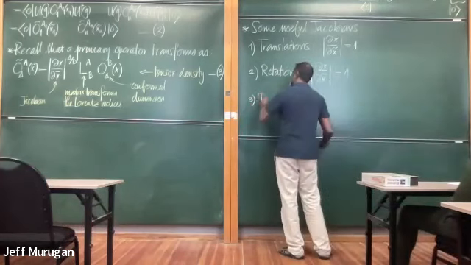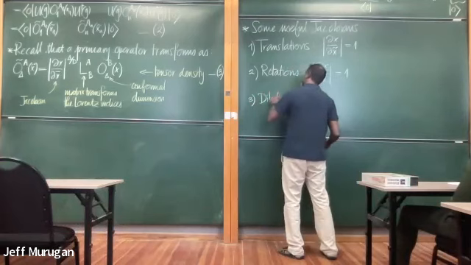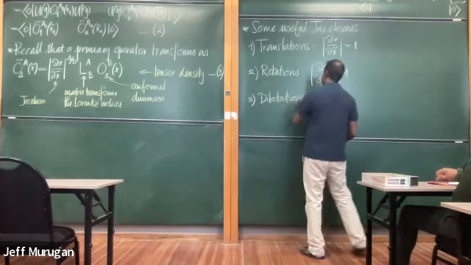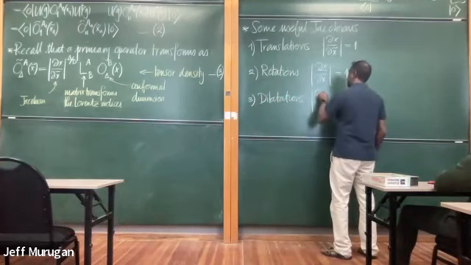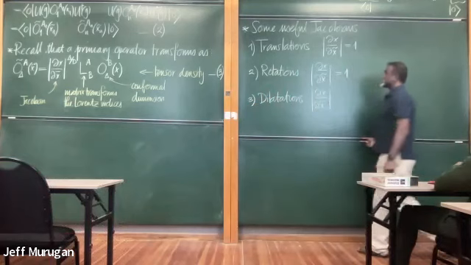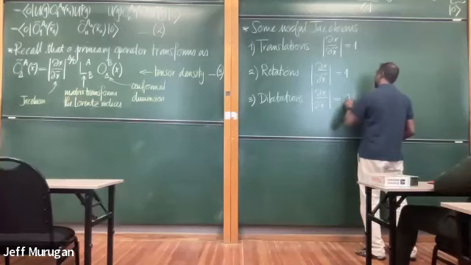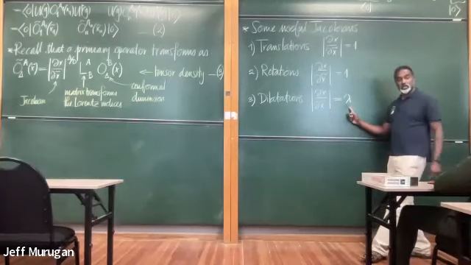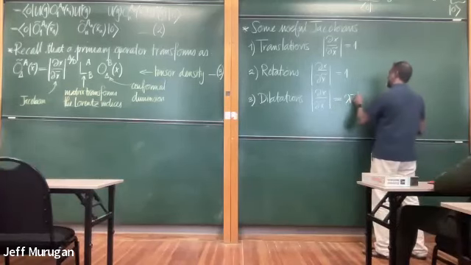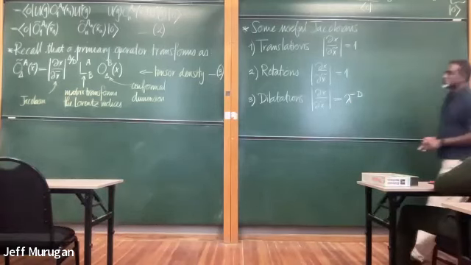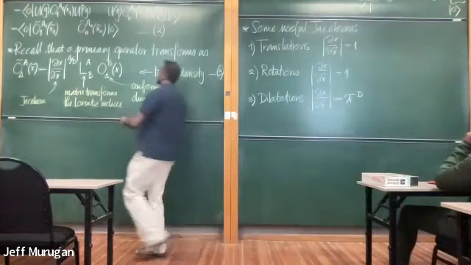Dilatations, dx by dx tilde is lambda, which is the thing that we scale everything by, to the minus the dimension of space-time. So this is the space-time dimension.